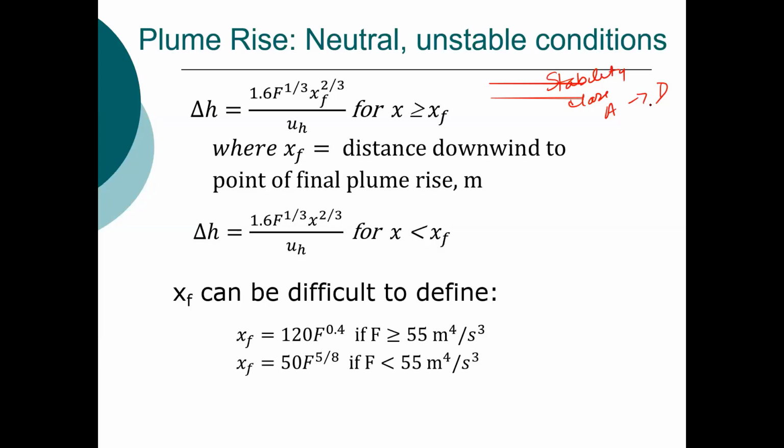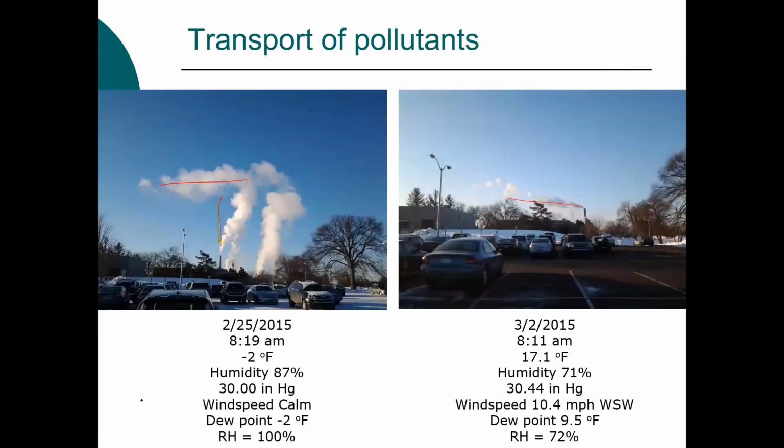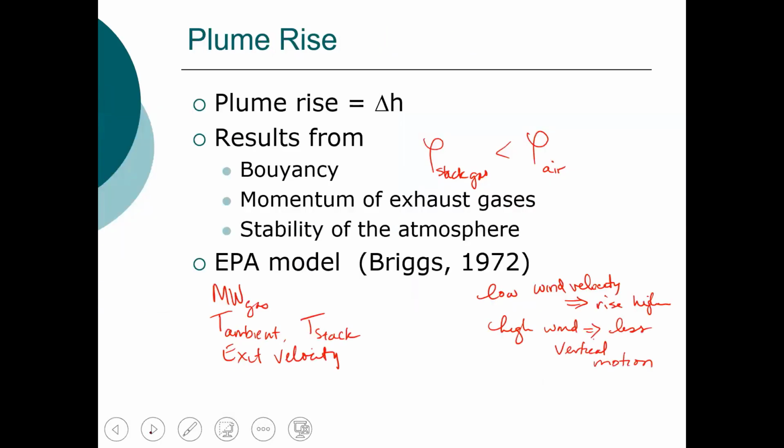So x_f is the distance downwind to the point of the final plume rise. So if we go back here, you can see pretty much the distance of the final plume rise is almost zero. It's essentially at the stack. Here, that plume is still rising at some distance from the stack itself.